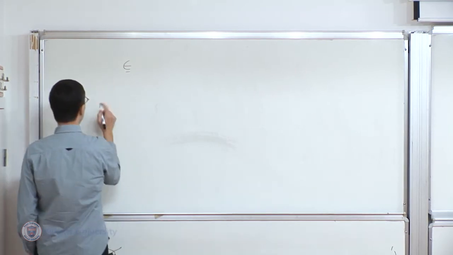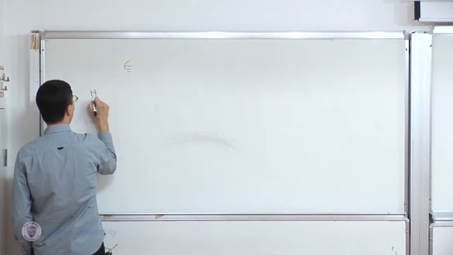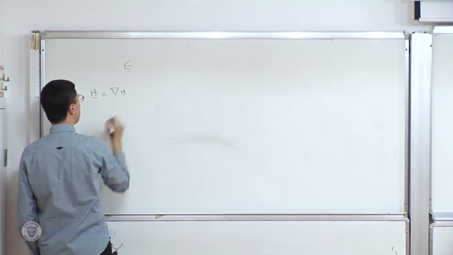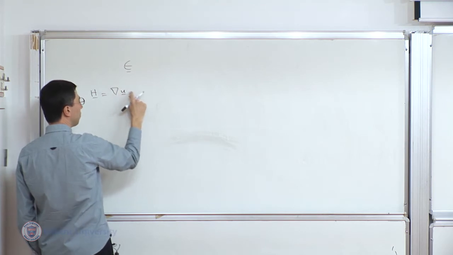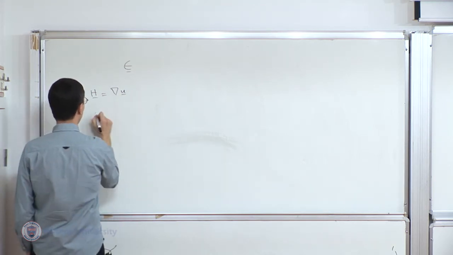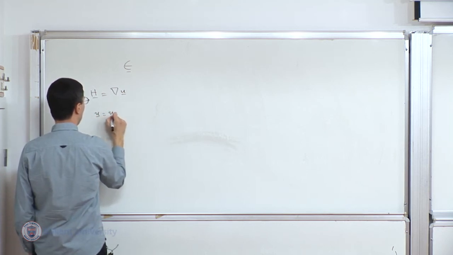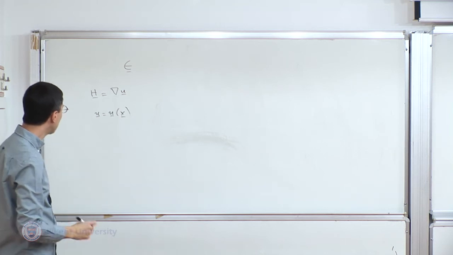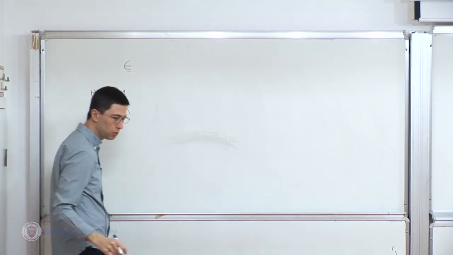So what we did last time is we defined a quantity h, which is the displacement gradient. It has the gradient of the displacement field throughout the structure that we're trying to analyze. So u is a function of x, and actually also time.